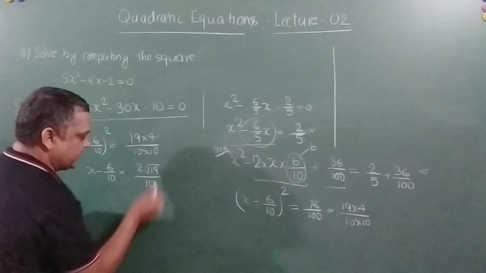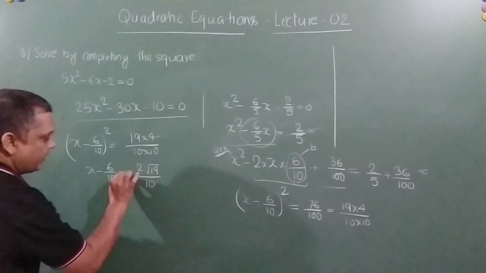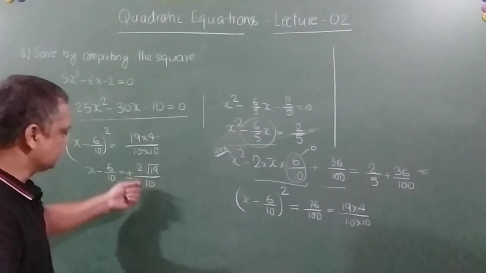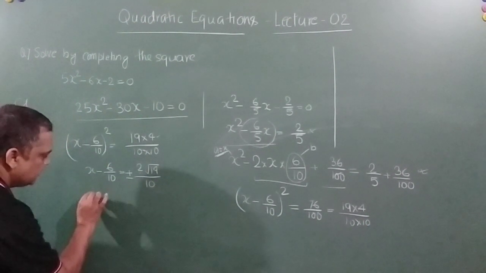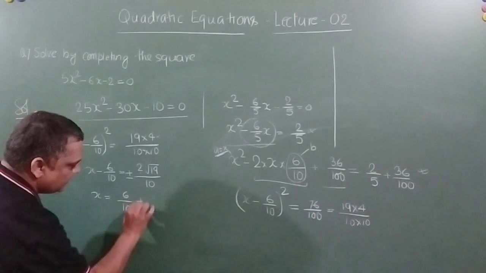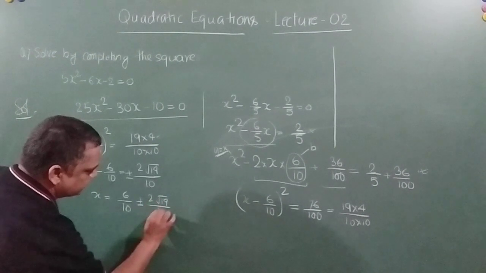Let it be like this only, because 10 is here. But this will be plus and minus, my friends. You got it? So x is nothing but 6 by 10 plus or minus 2 root 19 by 10.